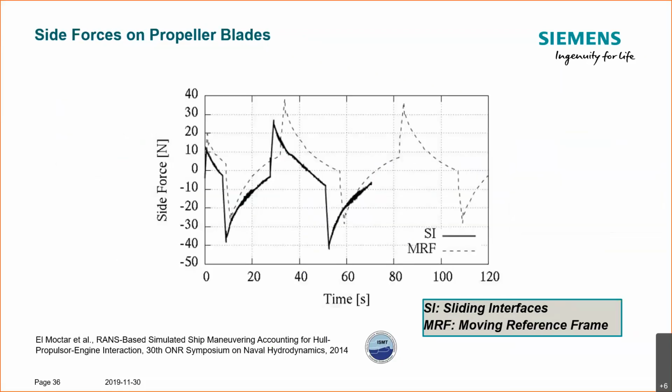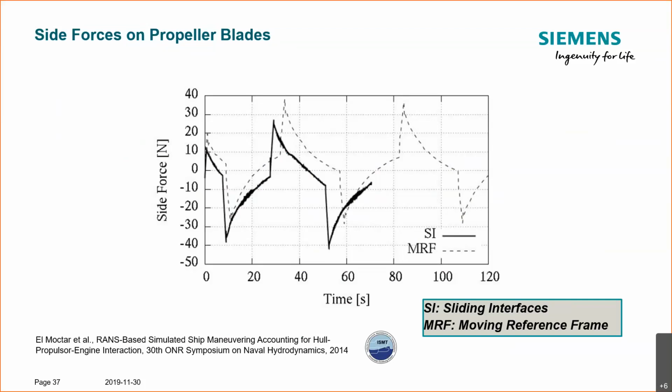If we look at the side force on one propeller blade, we can see that the moving reference frame does not give any asymmetry in the force history, because this is an idealization. If you have a lot of transient effects and nonlinearities in the hull-propulsor interaction, the moving reference frame, by invoking this idealized flow field, filters all these out.